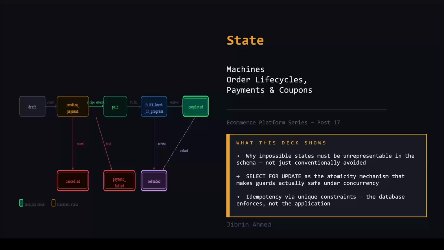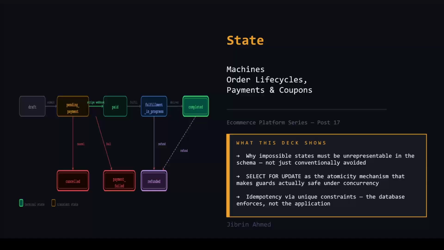Here's why they happen. Every one of these bugs occurs because the valid operations on an entity depend on what state it is currently in, and nothing in the code explicitly tracks or enforces that dependency. Can this order be canceled? Depends entirely on its current status. When that dependency is implicit, scattered across if statements, Boolean flags, application conventions, concurrent operations can both pass checks that should have been mutually exclusive.